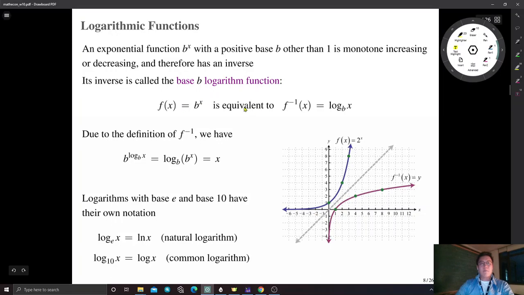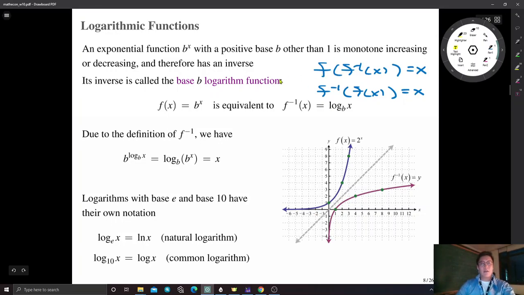By definition of the inverse function, we know f of f inverse of x is always equal to x. And we can interchange the order, so f inverse of f of x is also equal to x. That is the definition of the inverse function.